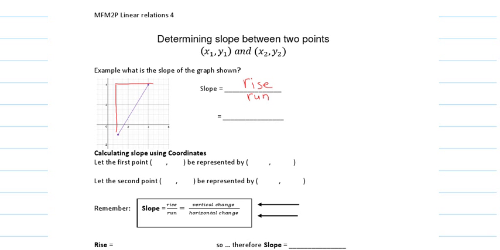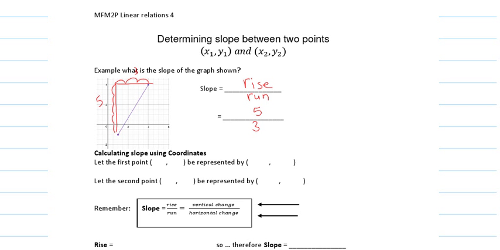So that's going to be 1, 2, 3, 4, 5. So I went up 5 versus how much was the run. So that's going to be 1, 2, 3. And that means my slope is 5 over 3. Okay? So this is what we just literally did in the previous lesson.